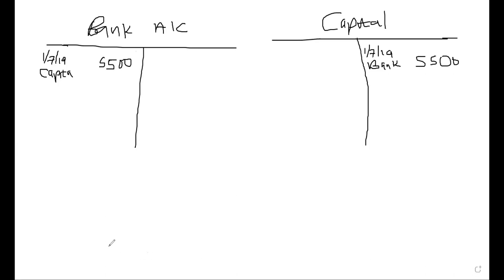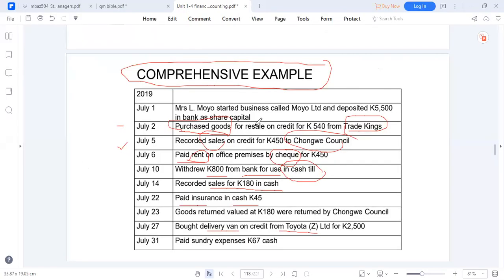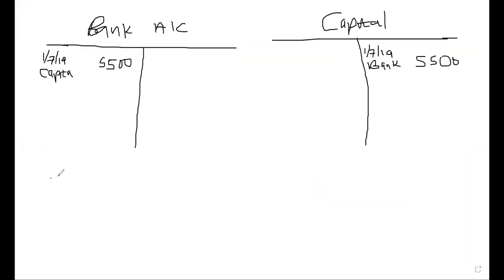What was the second transaction? Purchased goods. To purchase the goods, we're going to have a purchases account. Purchases. And what else?